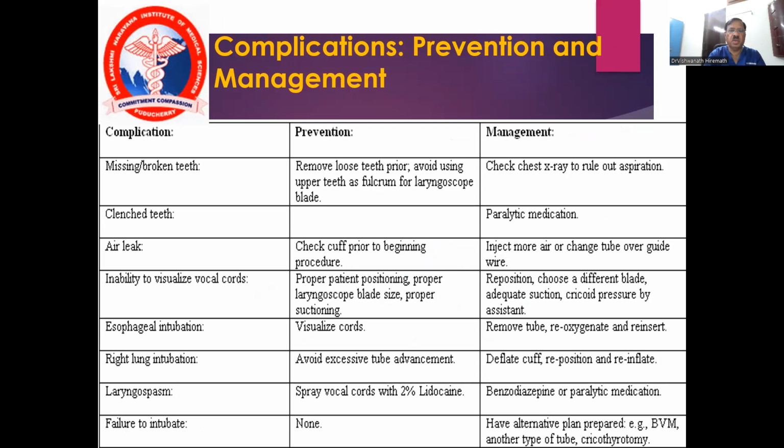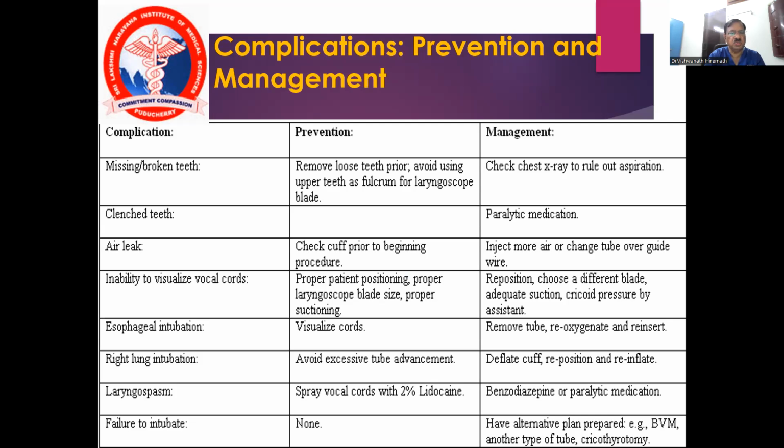Even though it looks so simple, it is not so easy a procedure. It is associated with complications, and due precautions should be taken to prevent unnecessary injuries to the patient when carrying out the endotracheal intubation.